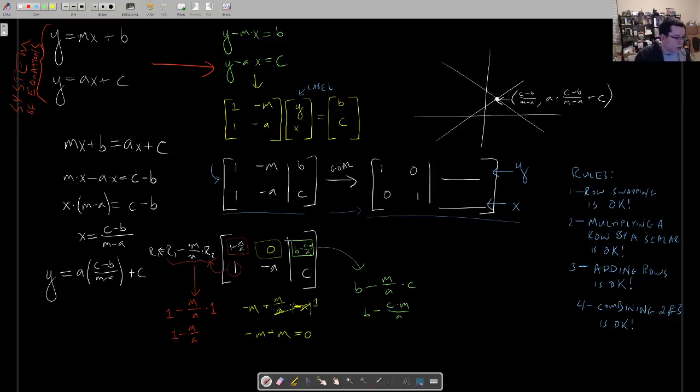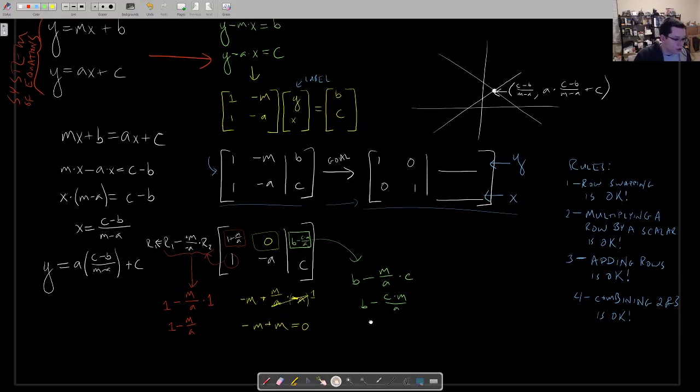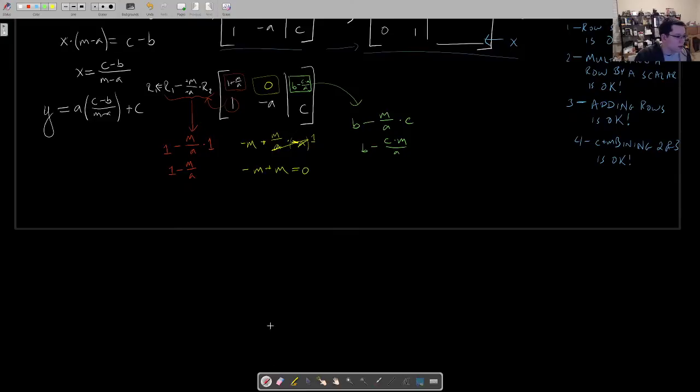Okay, so now we have our new state of the matrix. Not state of the union, state of the matrix. So we have 1 plus m divided by a. We have 0. We have b minus c times m over a. And I promise you this is easier long term. Let me just show you. Negative a, c. So that's our whole matrix.